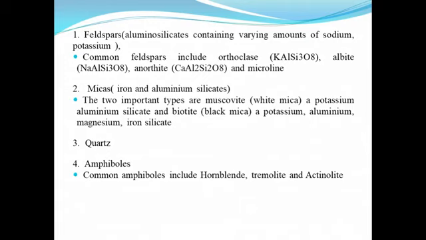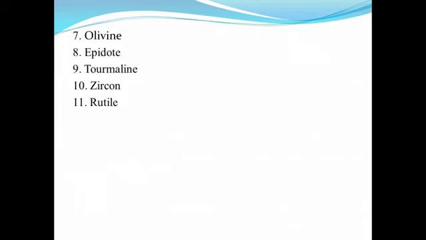The fourth one is amphiboles. And common amphiboles include hornblende, tremolite, and actinolite. We also have pyroxenes, and common pyroxenes include rhodonite and enstatite. We also have olivine, epidote, tourmaline, zircon, and rutile as other examples of primary minerals.